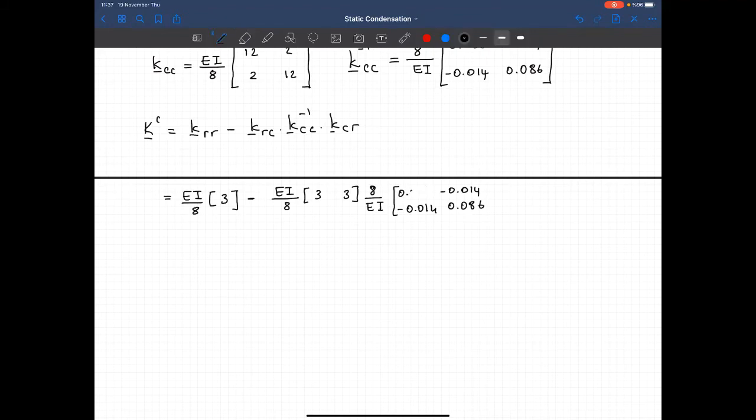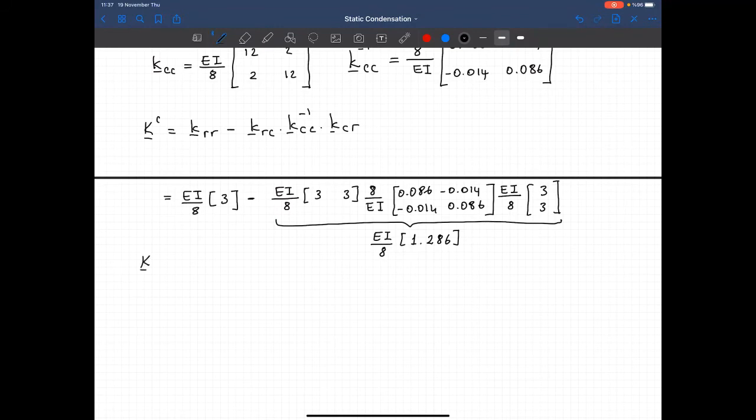That's equal to 0.086 and multiplied by EI over 8, 3 and 3. And if you calculate that, this portion, you will obtain EI over 8, 1.286. And then we will obtain our Kc as equal to 1.714 over 8 EI.